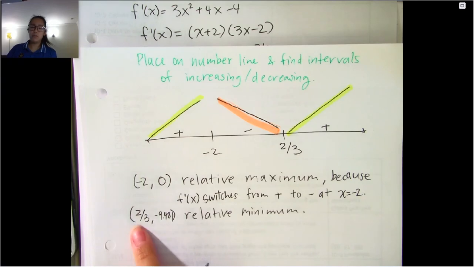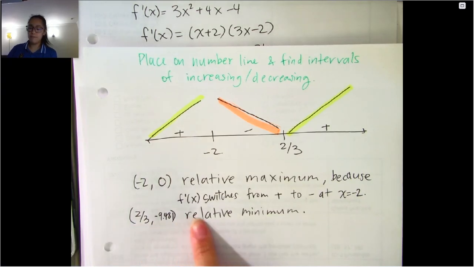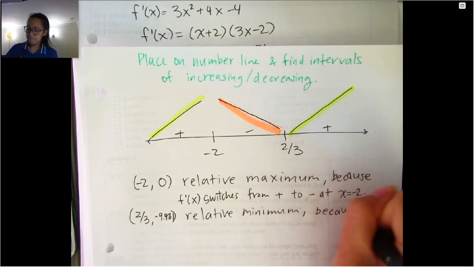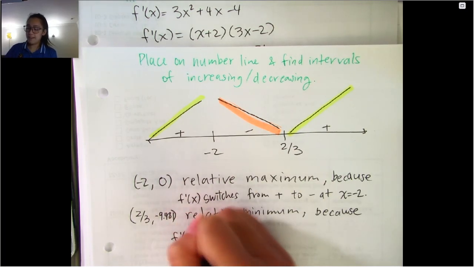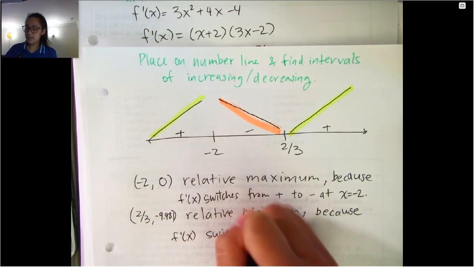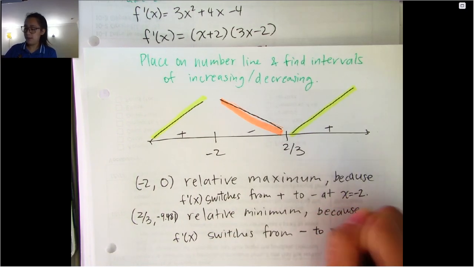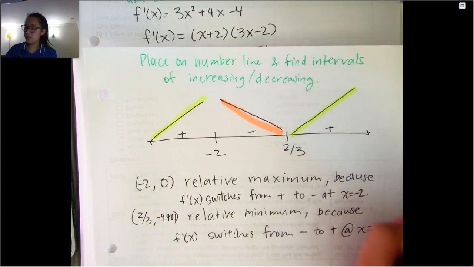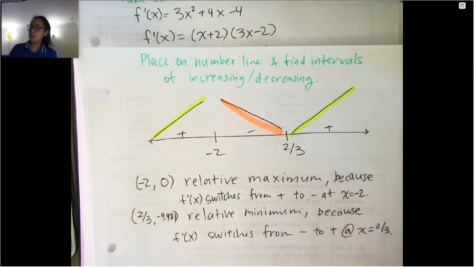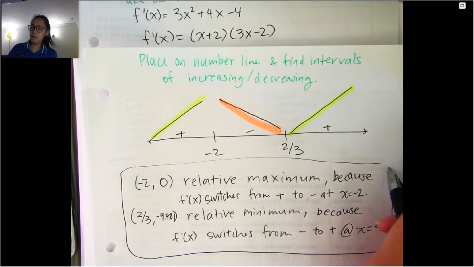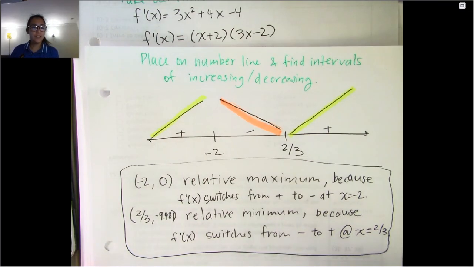And then over here, this point is a relative minimum because, again, f prime of x switches from negative to positive at x equals 2/3. Okay, so we have found our relative max and relative minimum for this function, and we've included justification.